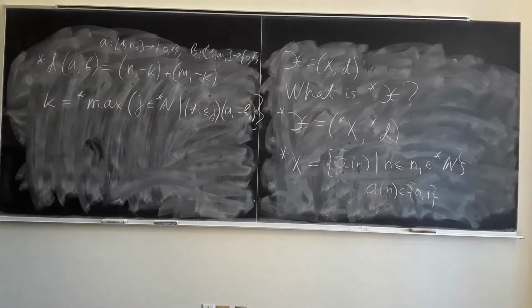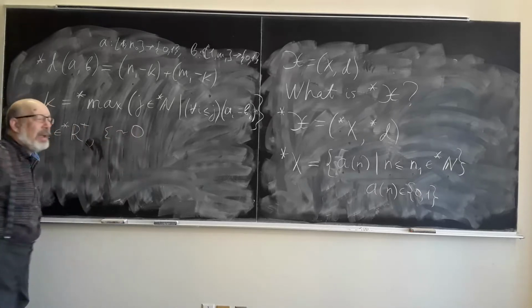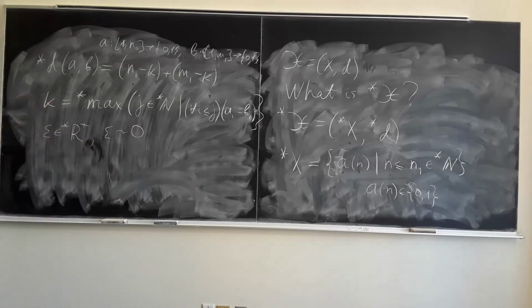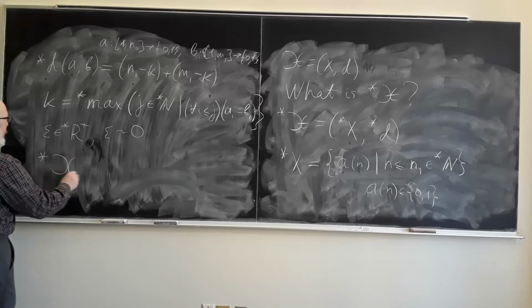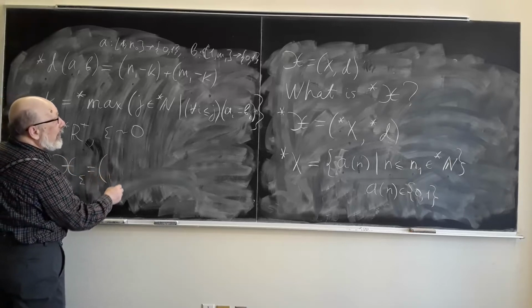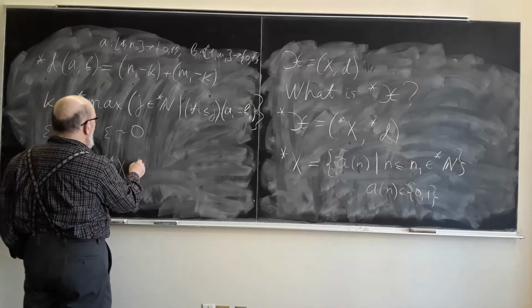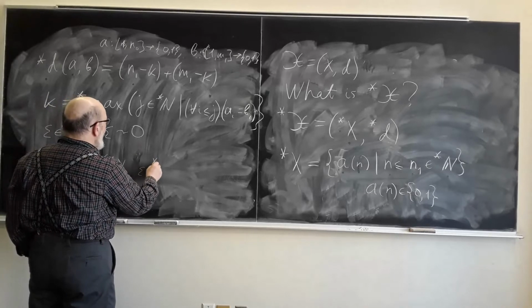It's okay. Now let us introduce some infinitesimal number epsilon, and multiply this distance by epsilon. The same set star x and epsilon times star d.